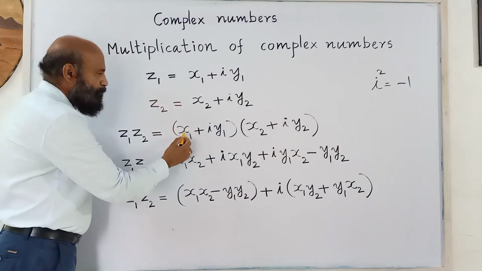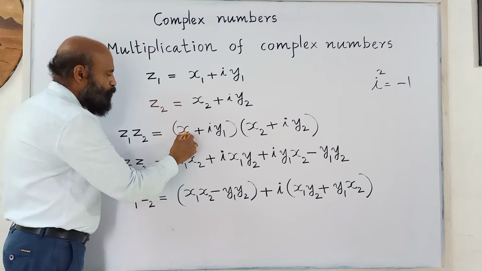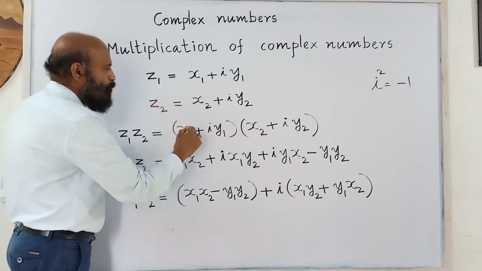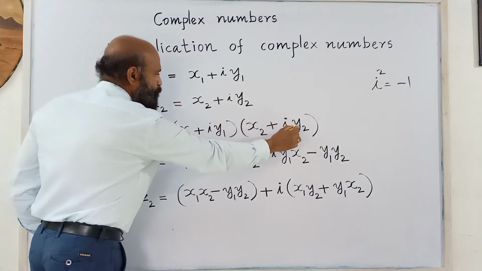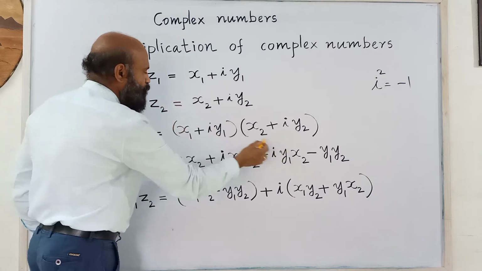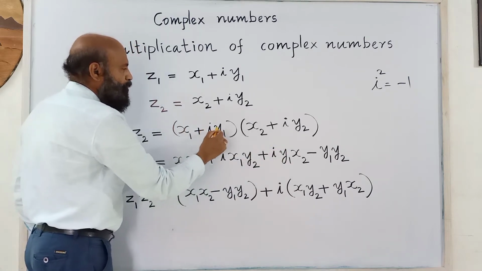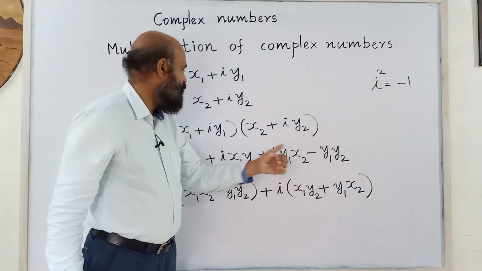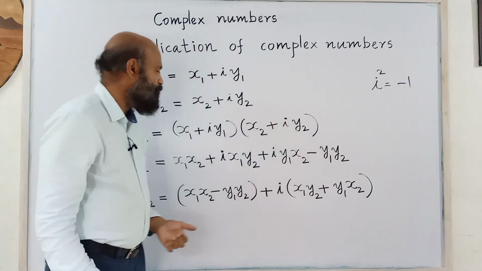Then you multiply each term: x1 into x2, plus x1 into y2 i, then i y1 x2, i into i y1 y2, that is i square, but i square is minus 1, then y1 into y2.